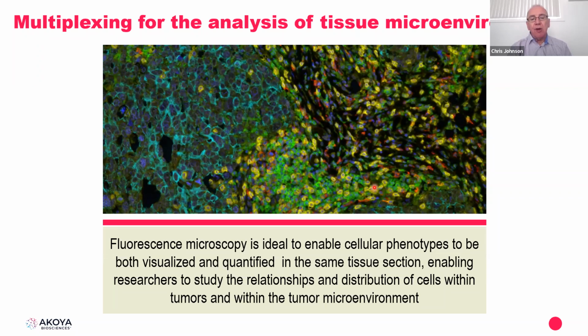So fluorescence itself is an ideal cellular phenotype method because it can both visualize and, more importantly, be quantified in the same tissue section. So it allows us to really look at and understand the relationship and distribution of cells within tumors and, more importantly, the tumor microenvironment.